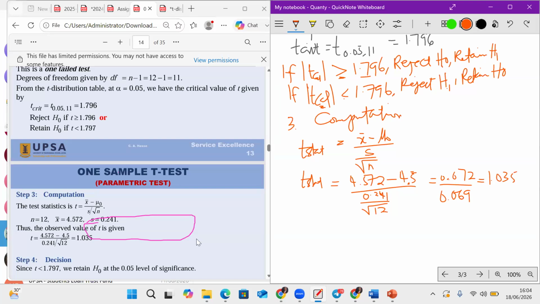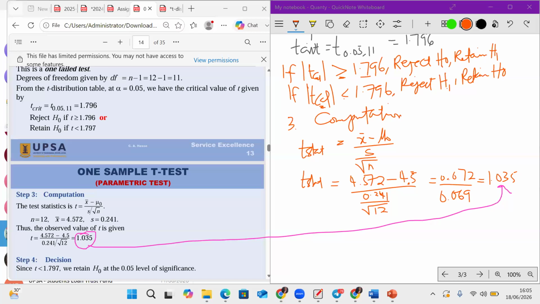Watch here. Is it the same? Yeah, it's the same. But if you put it in a calculator, it's different.